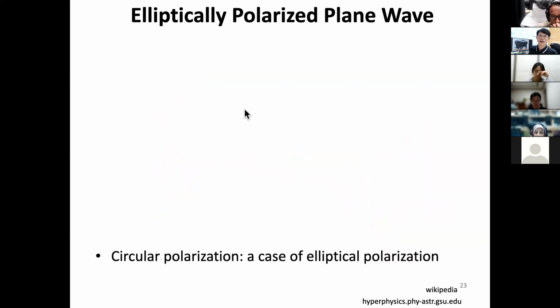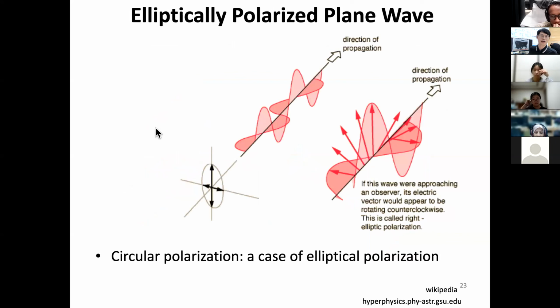You can always decompose it into these two components. Now let's think about something more general, that is elliptically polarized light. Very generally, the horizontal and vertical have some phase shift. If you do this geometric drawing, you will realize the electric field is changing over space.